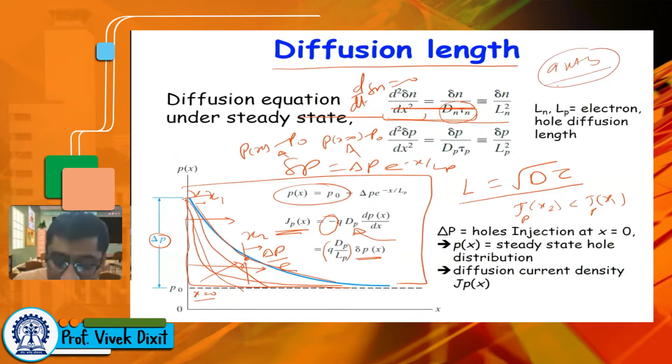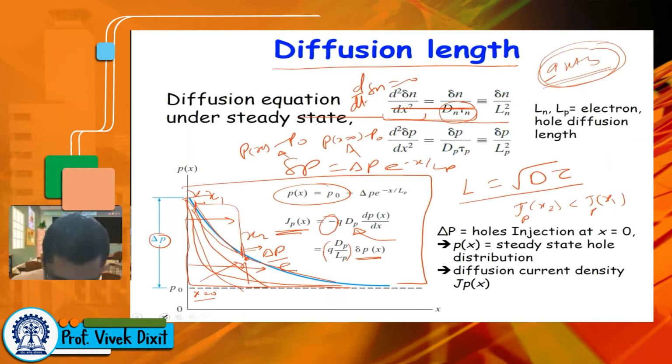If you have a concentration profile like ax plus b, what will be the current? Current will be constant, because the derivative will be only a, regardless of the position, right? So basically, at x1 and x2 the currents are different because there is recombination taking place while the carriers are moving from x1 to x2. So this is the concept of diffusion length.